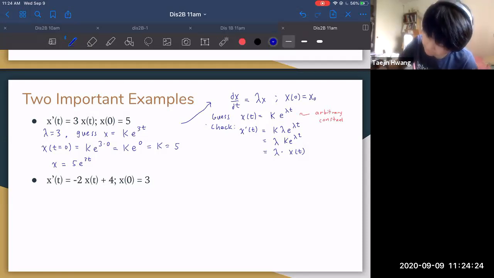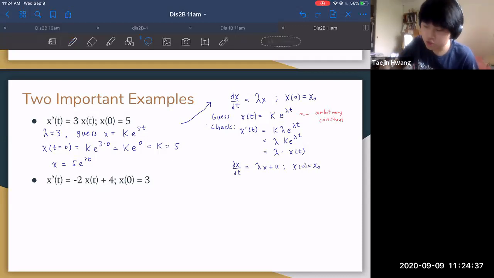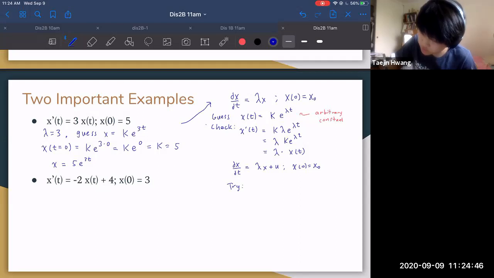So if we're given something of the form dx/dt is equal to lambda x plus u, given some initial condition, your first thought might be to try guessing and checking this value up here. If you were to try guessing and checking, you would in fact show that lambda k e to the lambda t is equal to lambda k e to the lambda t plus u.